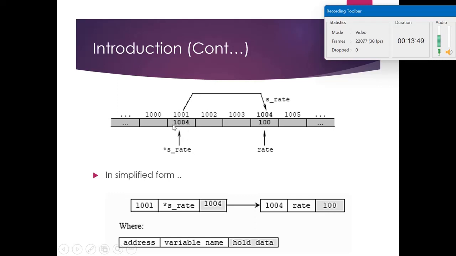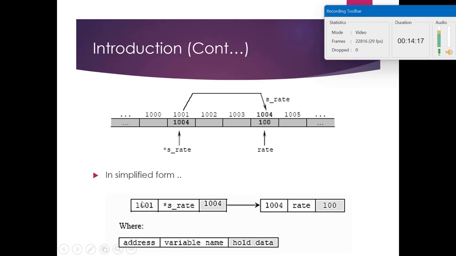This memory address is 1001. Here it wants to keep the memory address of the rate variable. We call that this s_rate variable is pointing to this rate variable.